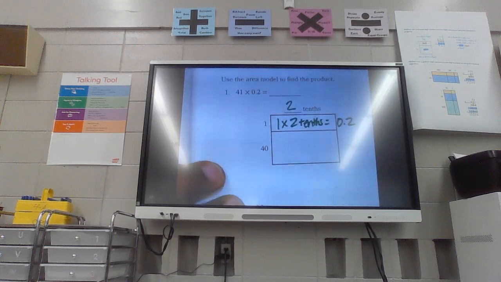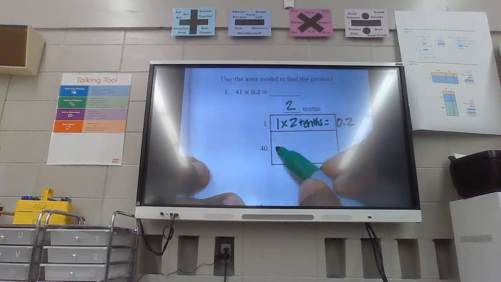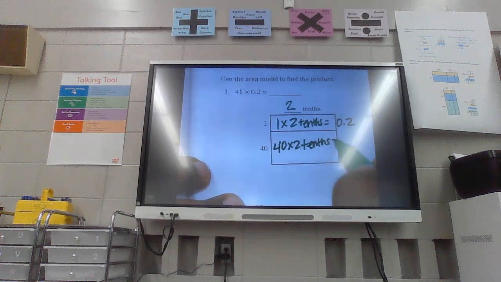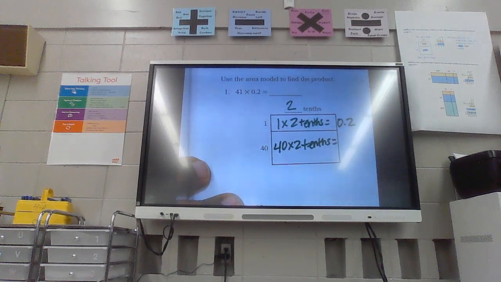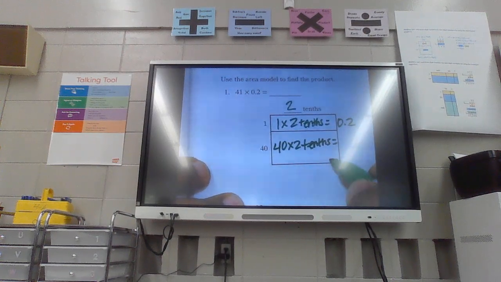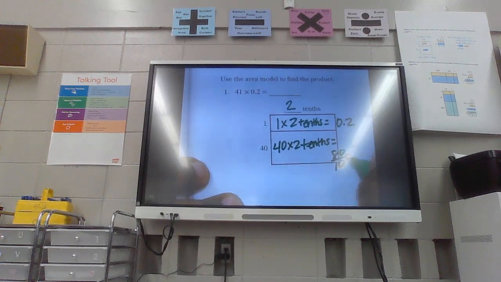How do I write 2 tenths as a number? 0.2. Right? And what about here? I'm multiplying what? 40 times 2 tenths. What's 40 times 2 tenths? What's 40 times 2? 80. But that's 80 what? What's 80 tenths? 8 ones, right? 80 tenths, if I wrote it as a fraction, it would be 80 over 10, and we know that equals to what? 8 ones.